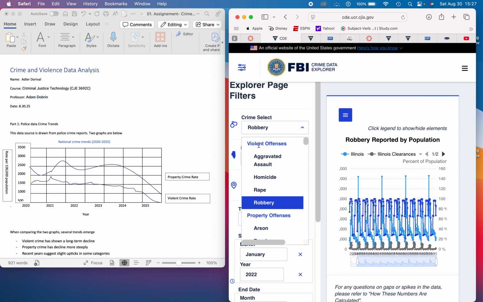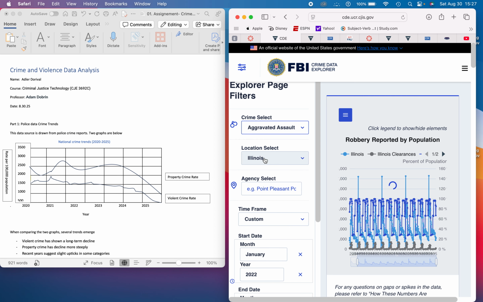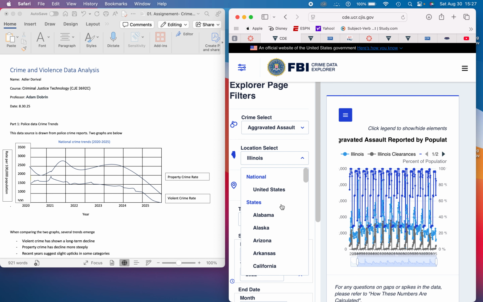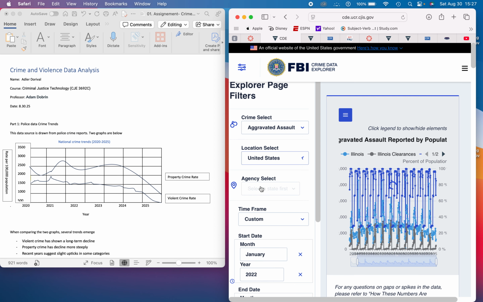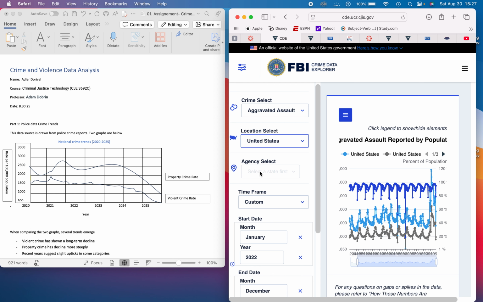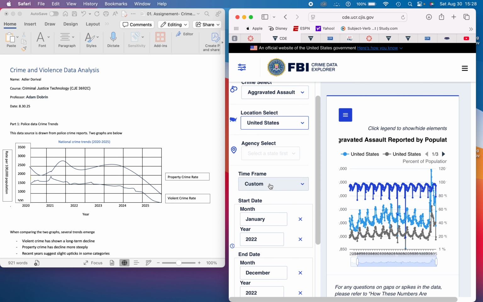As you can see, violent offenses has four categories, and you could choose either one. But for the purpose of this presentation, I picked aggravated assault, and the location is gonna be the U.S., as you can see, national. You don't have to worry about the agency because you're not doing it per state. And then the time frame is 5 years.